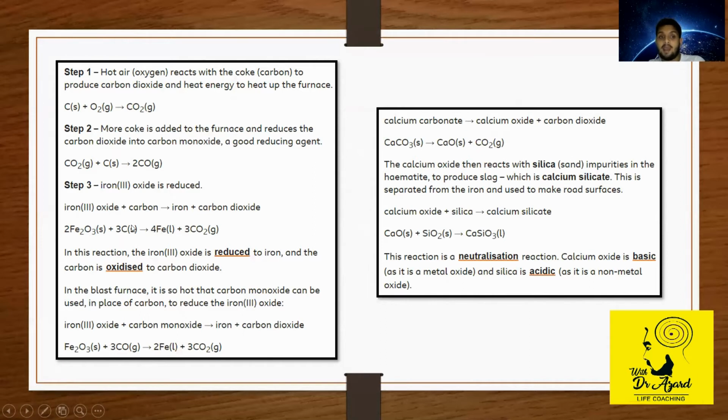All right. And the carbon has been oxidized into carbon dioxide. So in this reaction, carbon acts as the reducing agent, whereas iron oxide acts as the what? It acts as the oxidizing agent. All right. So be familiar with these terms: oxidizing agent, reducing agent. We discussed it in the previous video also.